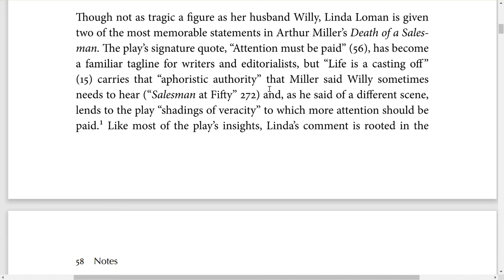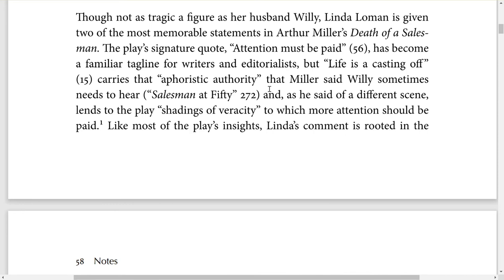"The play's signature quote, 'Attention must be paid,' has become a familiar tagline for writers and editorialists, but 'Life is a casting off' carries that aphoristic authority that Miller said really sometimes needs to hear. And, as he said of a different scene, lends to the play shadings of veracity to which more attention should be paid."